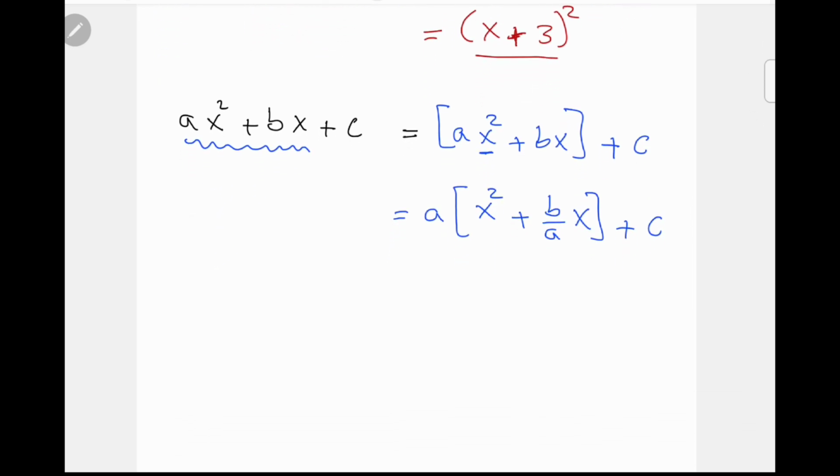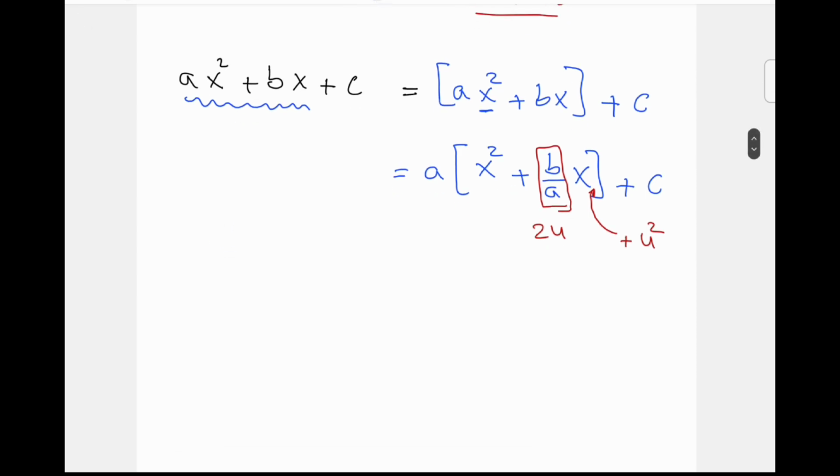Now remember, we need to have here the expression 2u, and we need to inject here the term plus u squared. So how do we do this trick? These tricks are very important in mathematics, and they help you a lot when you solve other problems.